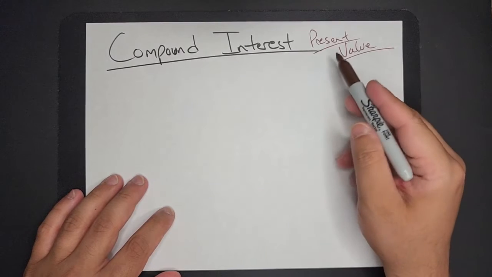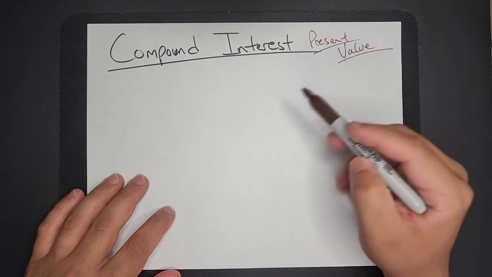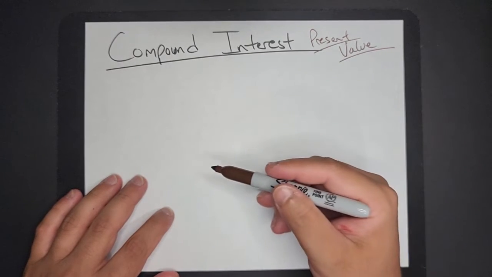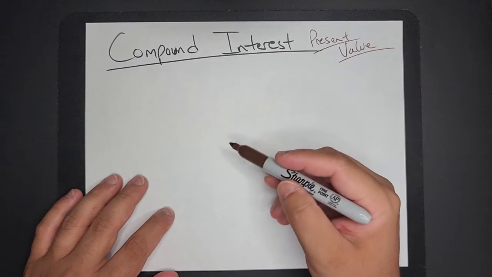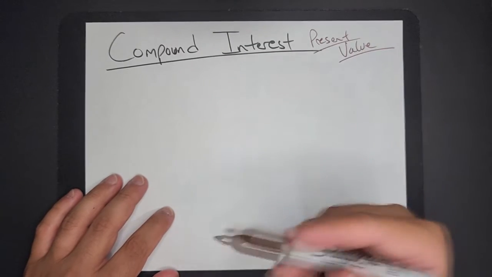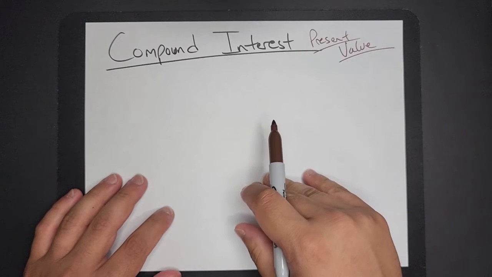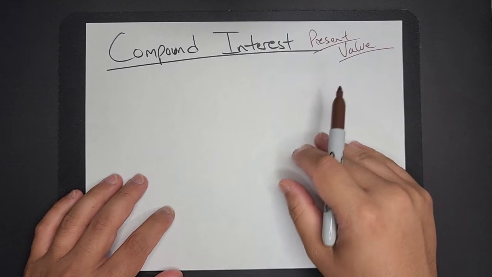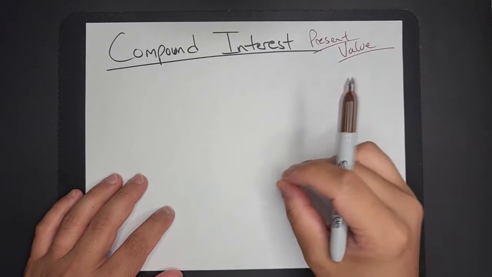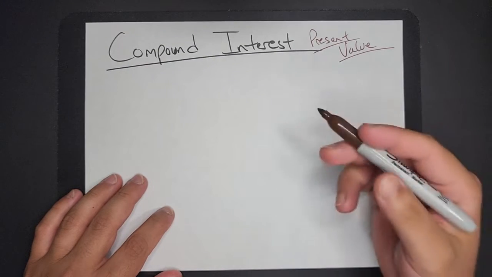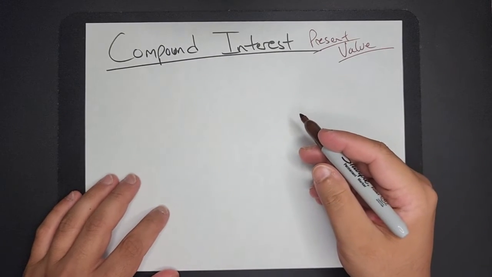In this video, we're going to look at present value, which is basically us calculating the principal we would have to invest now to get a certain future value in a certain amount of time.